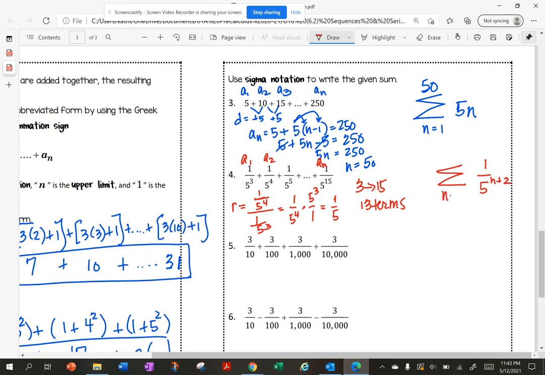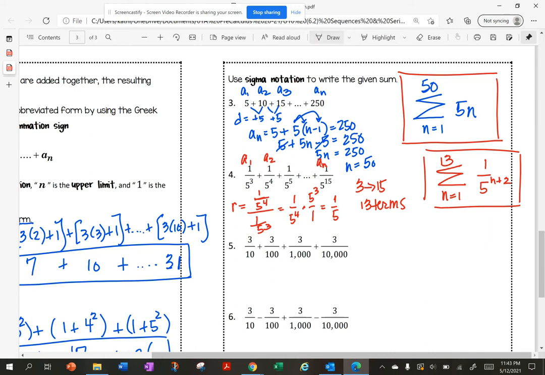So I'm going to say n equals 1 to 13. So my common ratio is going to be in the summation notation, but I might have to make adjustments if I'm not starting at 1.